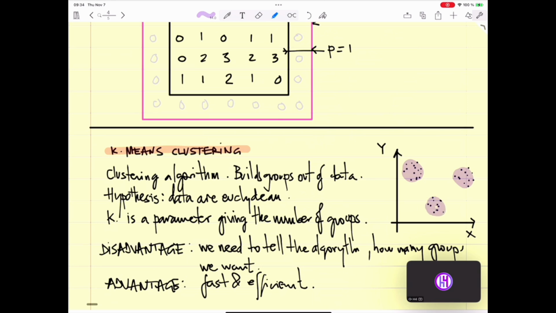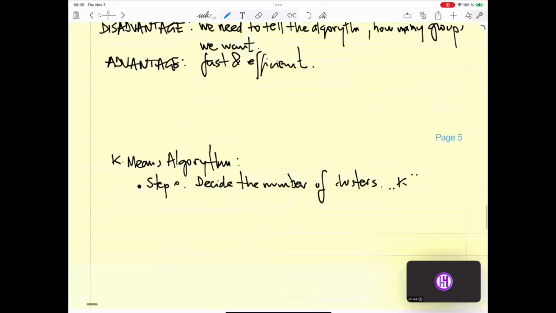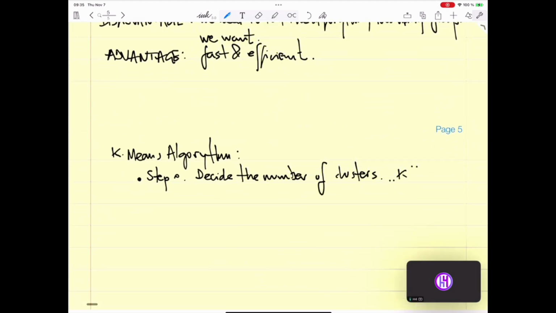So what this algorithm does is it helps us describe who belongs to which group in a very simple and efficient manner, given the data. We tell it we have 3 groups, but we don't know who belongs to whom. So let's see how we do it. We first decide how many groups we want to have. That's just the disadvantage. We sometimes know, sometimes we don't.